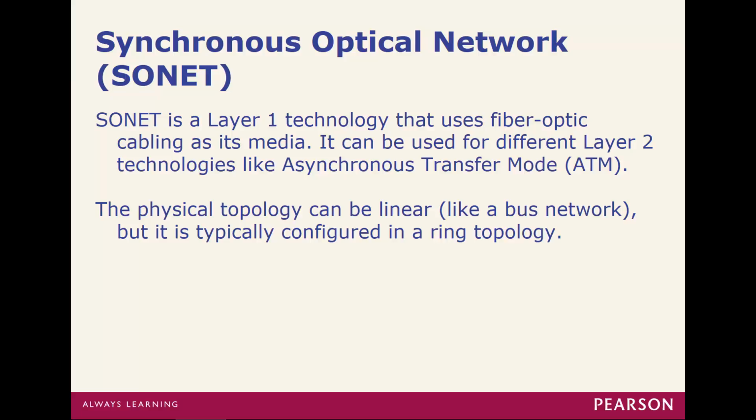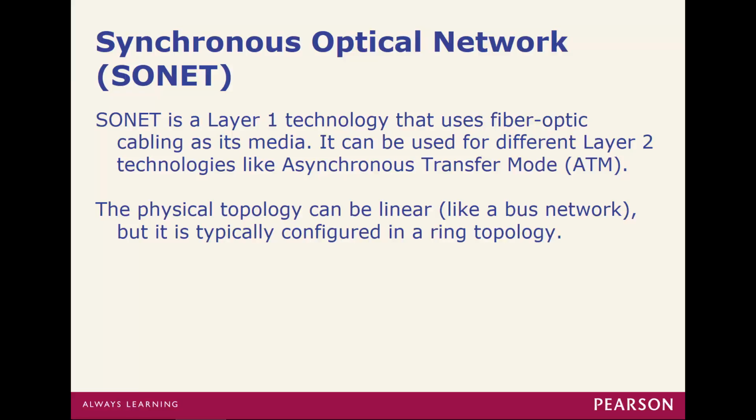Moving past that could be our SONET, or Synchronous Optical Network fiber. And this is a layer 1 technology that uses fiber. And it can also use different layer 2 technologies like ATM, frame relay, or Ethernet for frames.